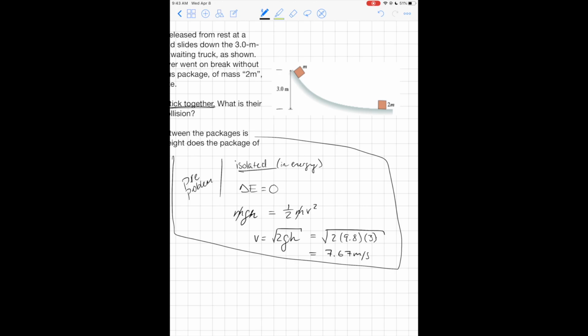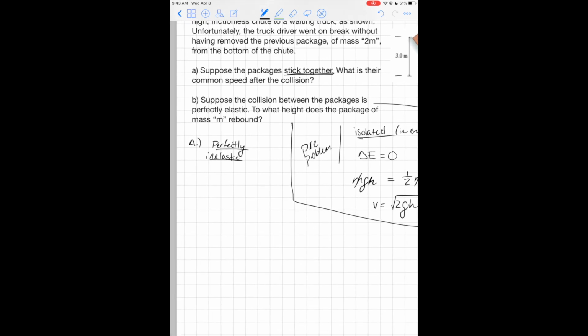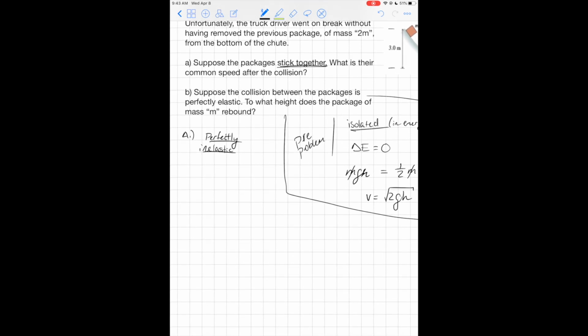Whenever we think about non-isolated collisions, we're thinking about interactions with a wall, a ceiling, a floor, the ground, right? And I don't think we're colliding with the ceiling, the ground, the wall. We're colliding with these packages, so I think that we are isolated as well.